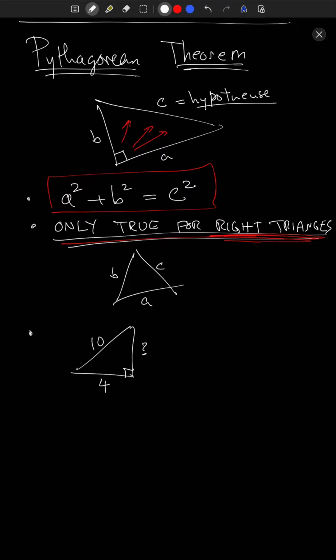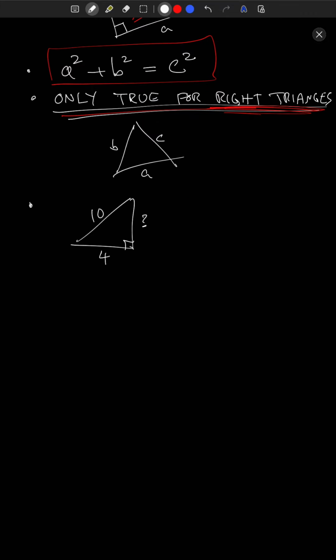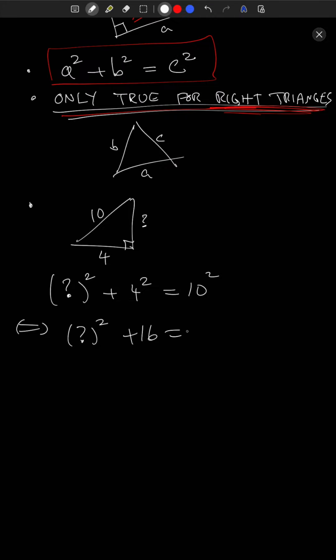The Pythagorean theorem gives us exactly that, because it says that the sum of the squares of the two non-hypotenuse sides has to equal the square of the hypotenuse. So this question mark squared, whatever that is, plus 4 squared has to be equal to 10 squared. So that tells me question mark squared plus 16 is equal to 100, which tells me question mark squared is equal to 100 minus 16, which is 84.